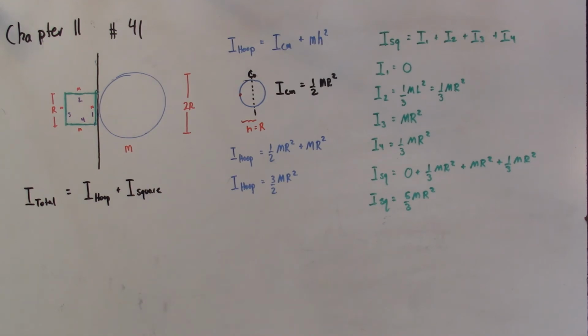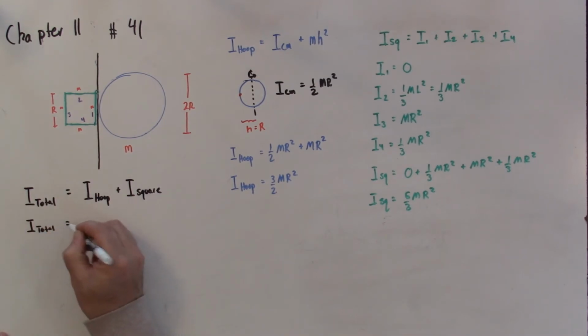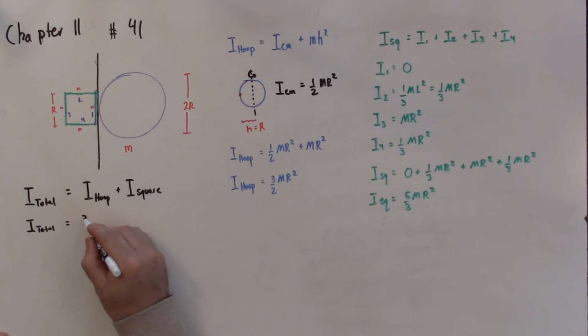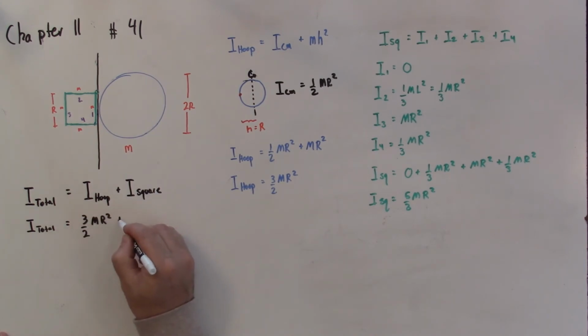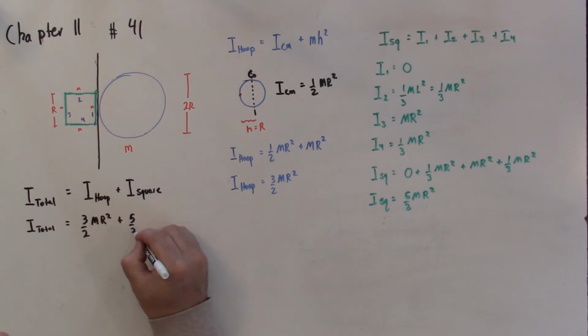So let's see where we're at in the problem then. I have the moment of inertia for the hoop, 3/2 mr squared. I have the moment of inertia for the square. Let's add them up and see what I end up with. The hoop was 3/2 mr squared. The square was 5/3 mr squared.